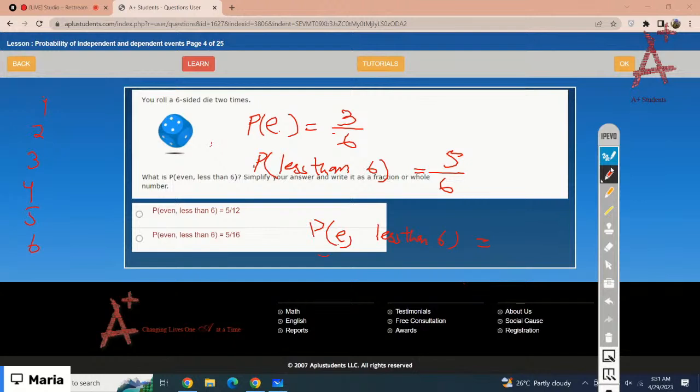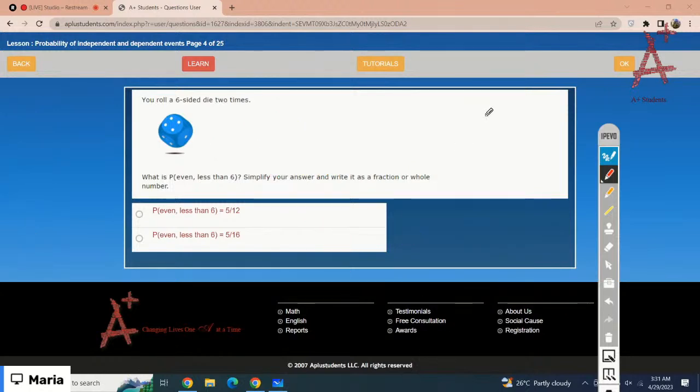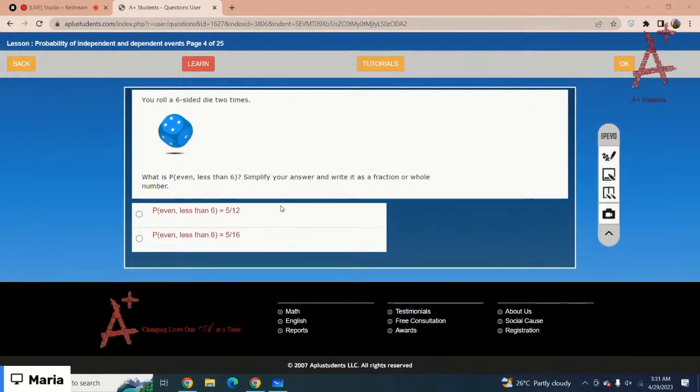Okay, they are 3 by 6 times 5 by 6. So 5 times 3 is 15 and 6 times 6 is 36. So it would be 5 over 12. The probability is 5 over 12. Got it? The correct option is option number 1.